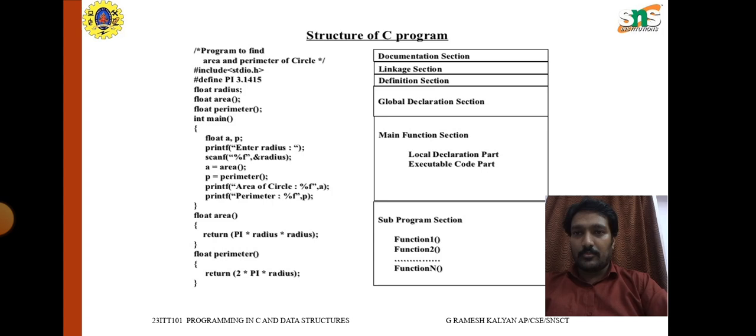Finally, in the subprogram section we have the float area function. So we have two functions in it: the first one is the area function and the next is the perimeter function. These can be defined under the subprogram section.